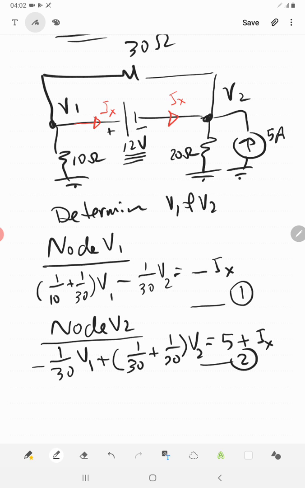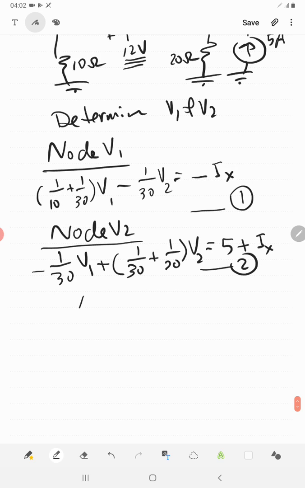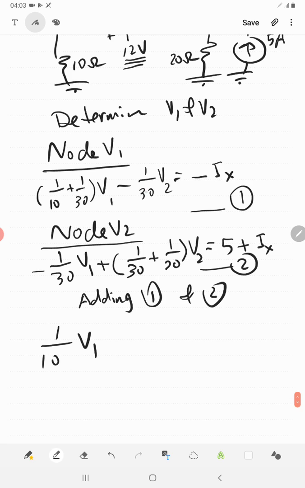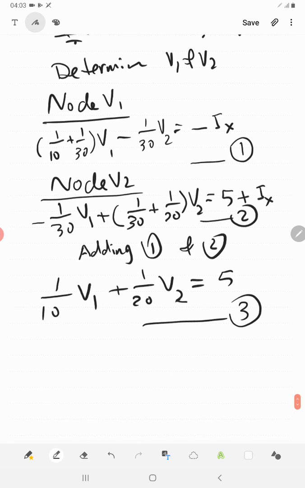Now, adding 1 and 2, we can cancel Ix. So 1 over 10 plus 1 over 30 V1 minus 1 over 30 V1 will give 1 over 10 V1. Then here minus 1 over 30, and here plus 1 over 30 plus 1 over 20 V2 equal minus Ix plus 5 plus Ix, equal 5. And this is equation 3.